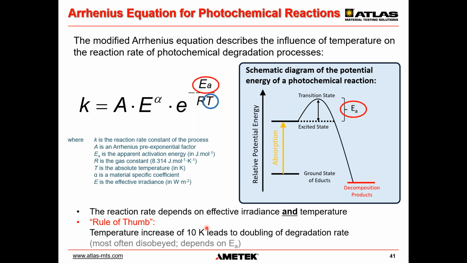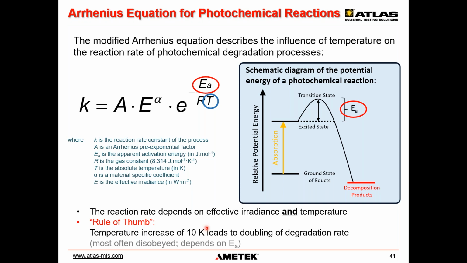doubles the degradation rate. That can be the magnitude of effects of temperature, but the exact influence of temperature actually has to be calculated, and there's the so-called Arrhenius equation where you have to consider other factors like activation barrier and so on to really calculate the effect of temperature increase on material degradation.